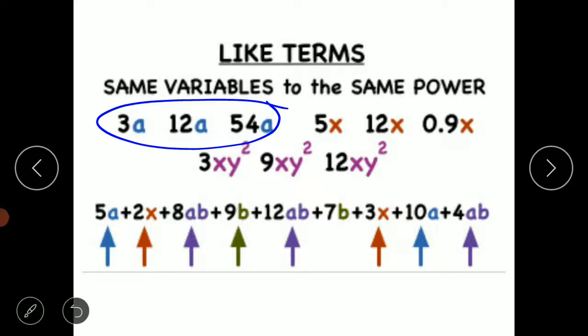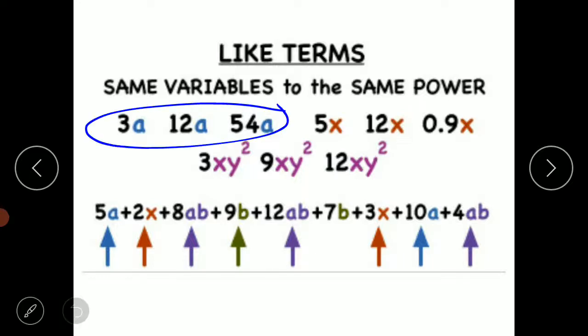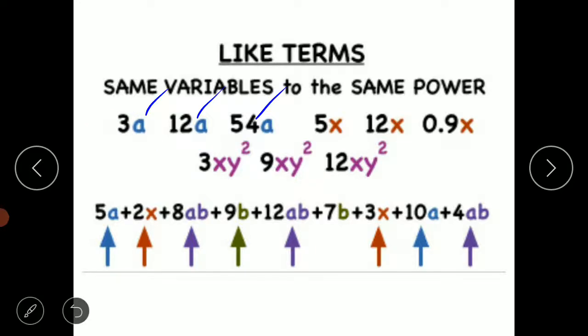Here you can see we name these terms as A terms, because the variable is A. So these terms are called like terms, because all these terms have the same variable with the same power. All the terms are A terms, having the same variable.